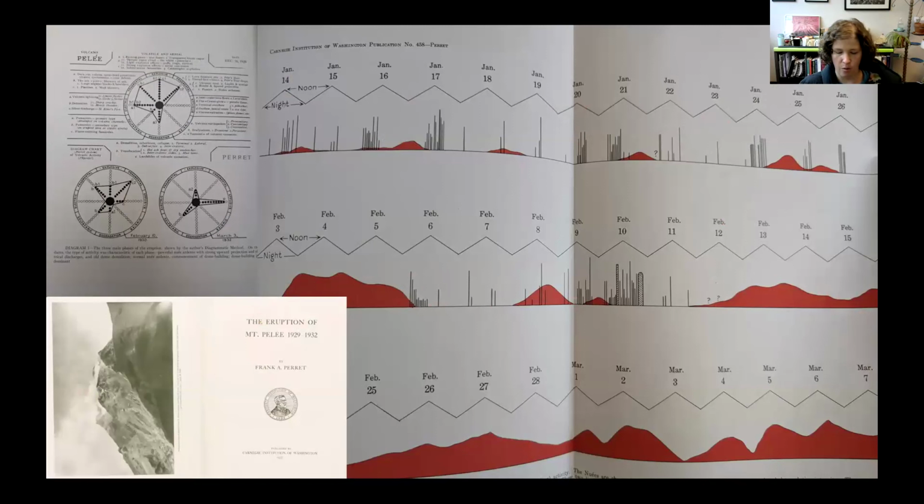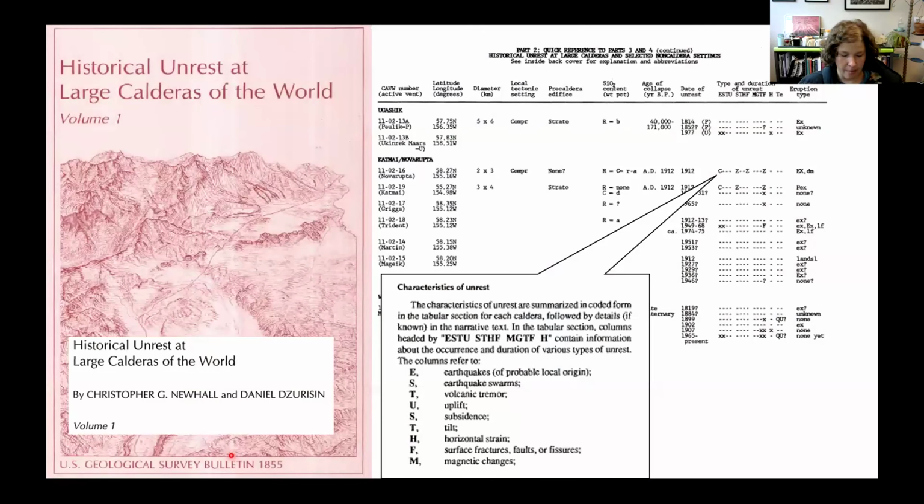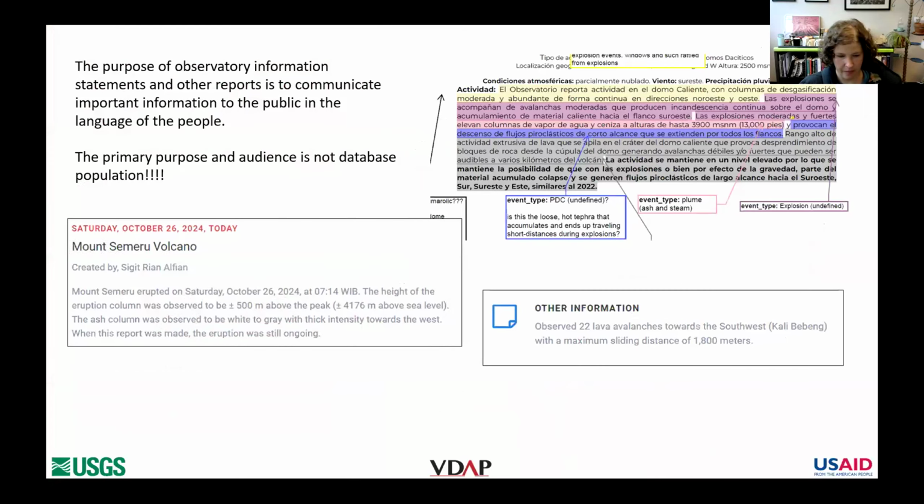You can see how difficult that would be to try and digitize. We have essentially printed databases. So this is Unrest at Large Calderas of the World by Chris Newhall. The way that this was presented is in these tables with this coding that means something. This is actually something I have already gone through and digitized the whole thing, but it's definitely time consuming.